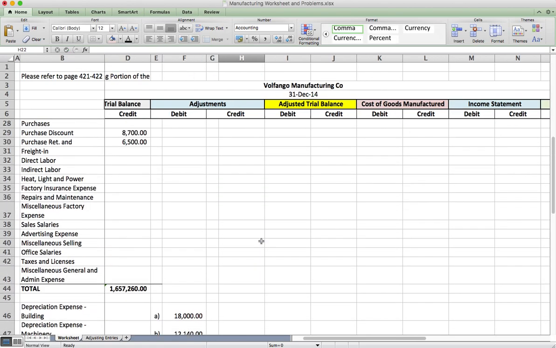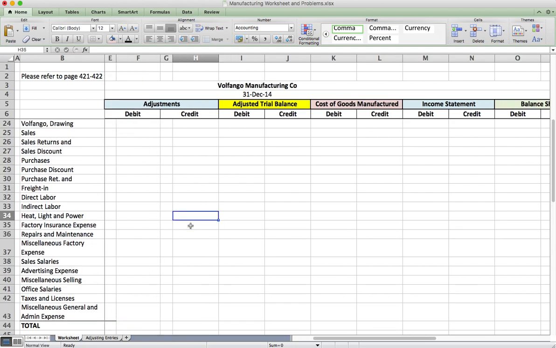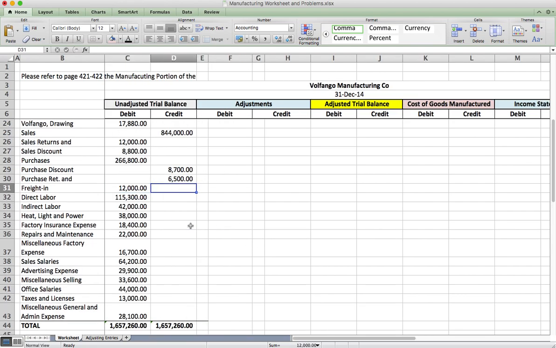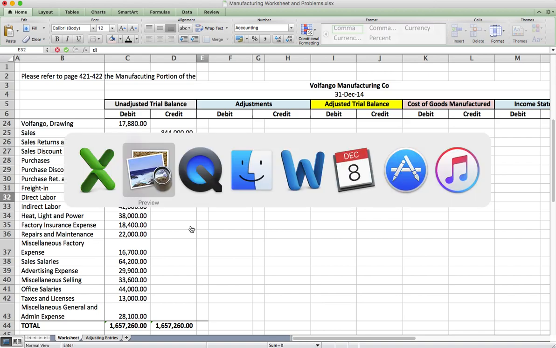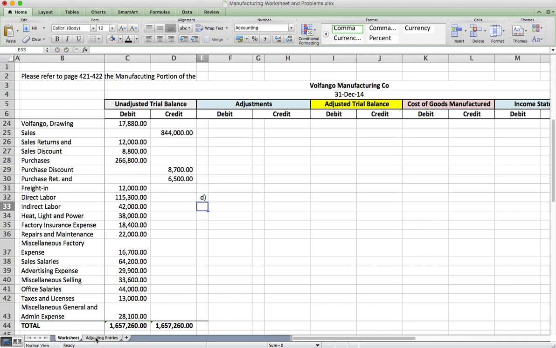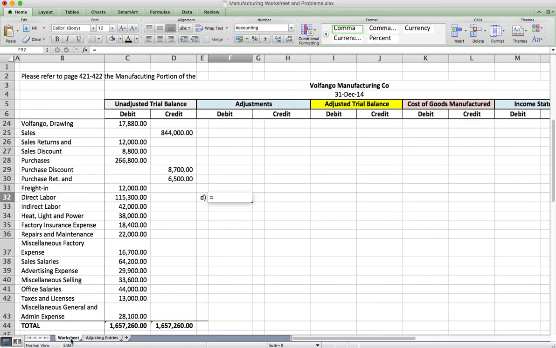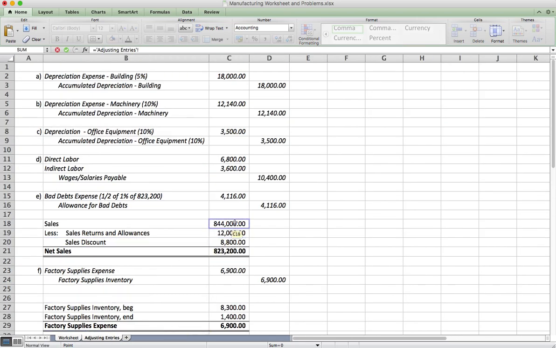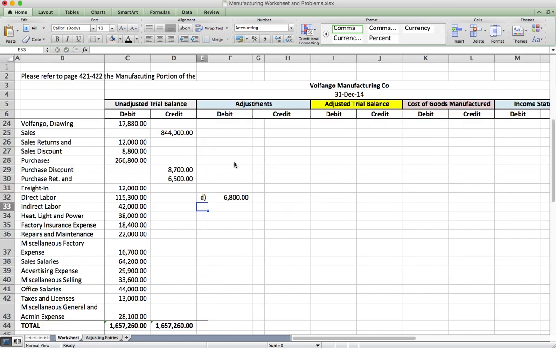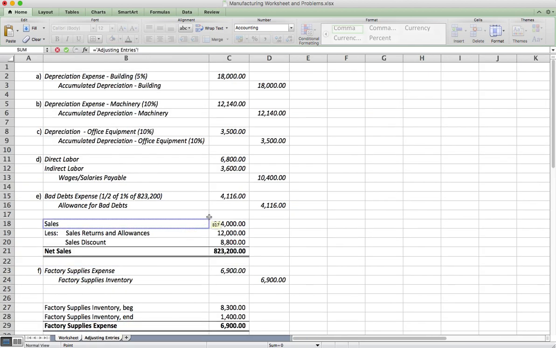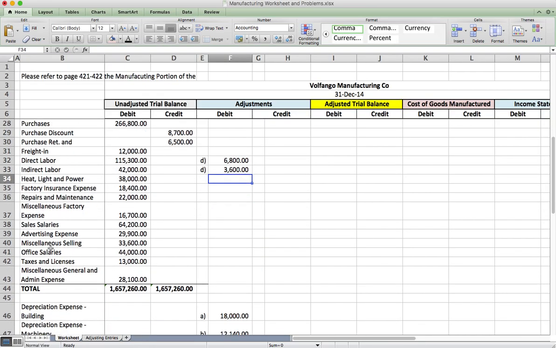Then direct labor. Diba meron na tayong account na direct labor. So this is letter D. Tama ba letter D ba yun? Hindi ko na matandaan. Yan, letter D nga. Debit 6,800. Indirect labor, 3,600. And then, meron ba tayo dito salaries payable? Wala. Sales salaries lang meron.